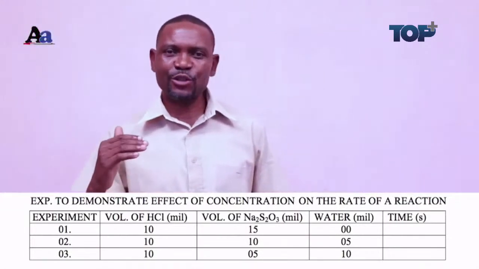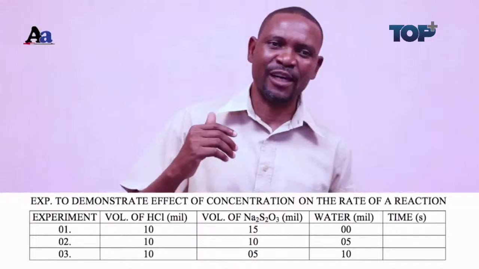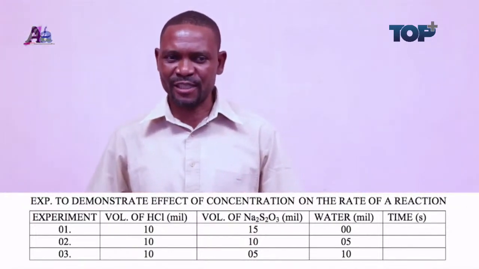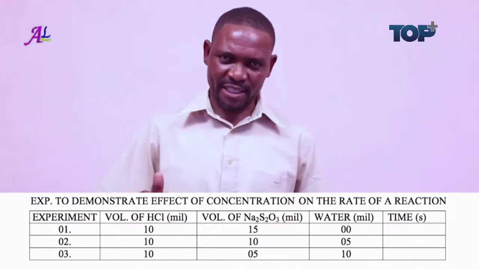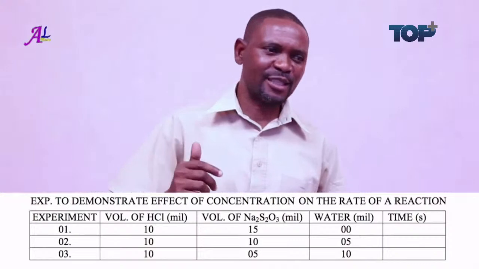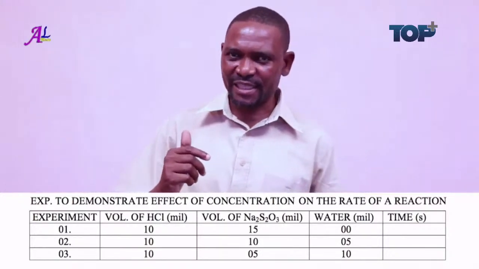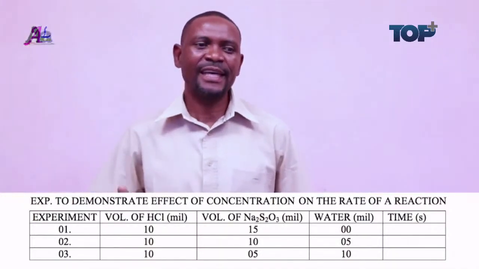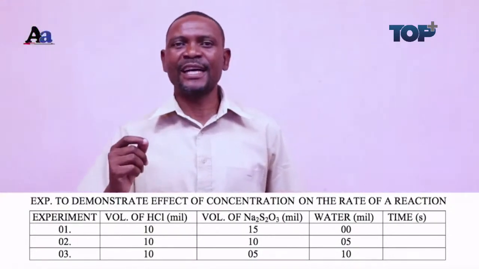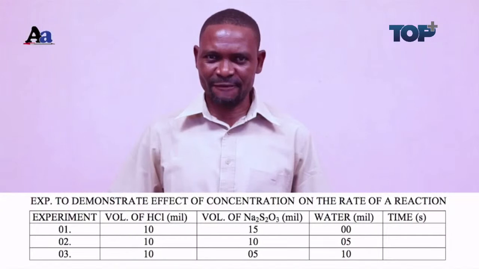The first is going to have 10 milliliters of hydrochloric acid plus 15 milliliters of sodium thiosulfate. We shall add no water, and we shall record the time. The second experiment is going to use 10 milliliters of hydrochloric acid, 10 milliliters of sodium thiosulfate, but we shall add 5 milliliters of water.